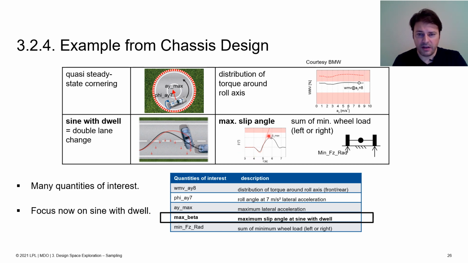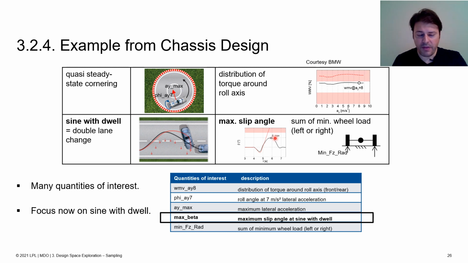Here you get an idea of how this quantity of interest changes with respect to time. Let me correct this. The quantity of interest itself does not change with time. The quantity of interest is the maximum of the slip angle, but the slip angle changes with time according to this curve, and the maximum should stay below a particular threshold value in order to maintain stability.